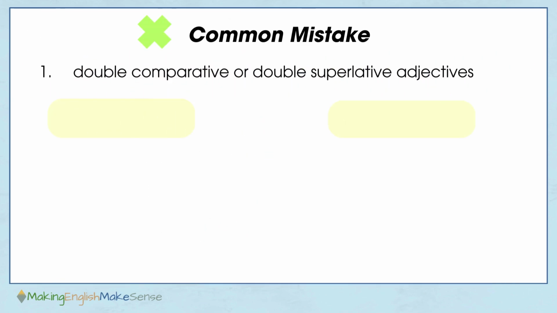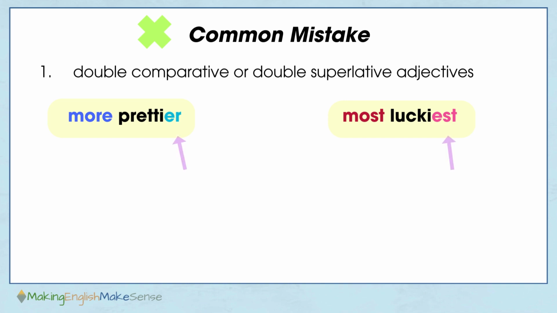Now, one of the two most common mistakes that I see people make when using comparative or superlative sentences is forming double comparative or double superlative adjectives, such as more prettier or more luckiest. As we see in both examples, the adjective here includes both the comparative or superlative suffix and it's paired with the word more or most.